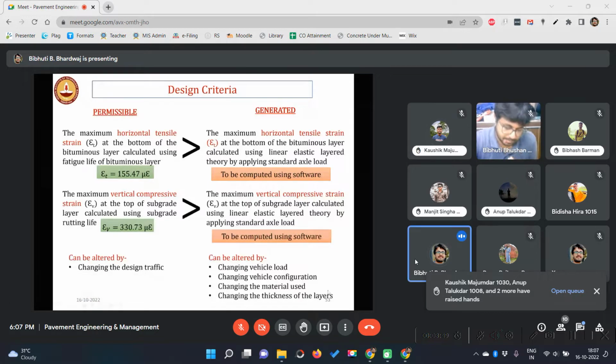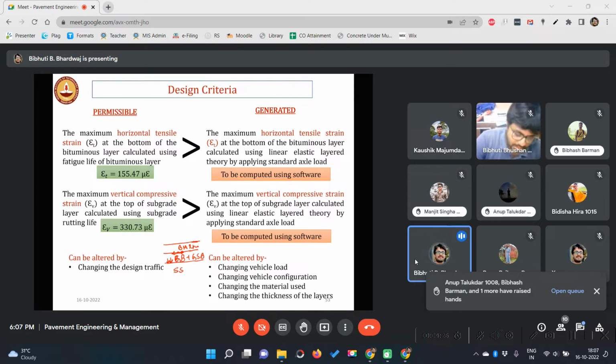Yes, sir. Okay. So we were basically finding out soil subgrade, this granular base plus granular subbase, and this is bituminous mix, 2 layers. So in this 3-layered system, we are finding the tensile strain at the bottom of the bituminous layer and the vertical compressive strain at the top of the subgrade.